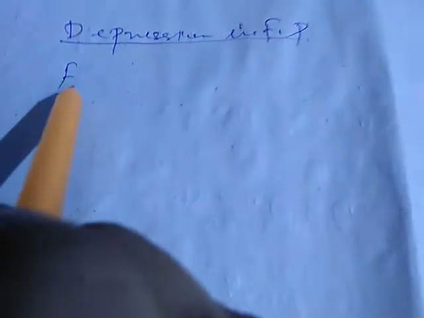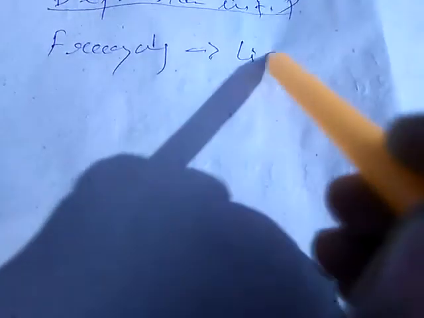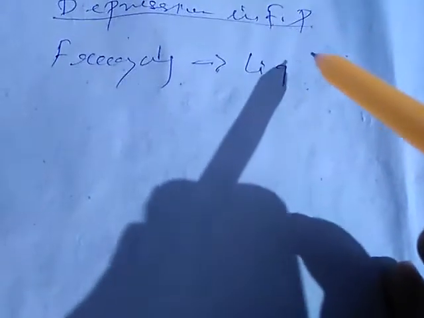Before discussing depression in freezing point, firstly we will know what freezing point is. As we all know, freezing is the conversion of a liquid state into a solid state.